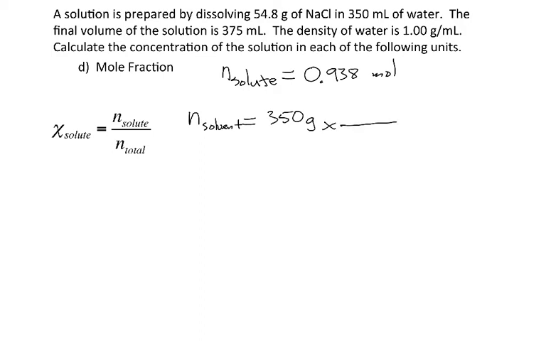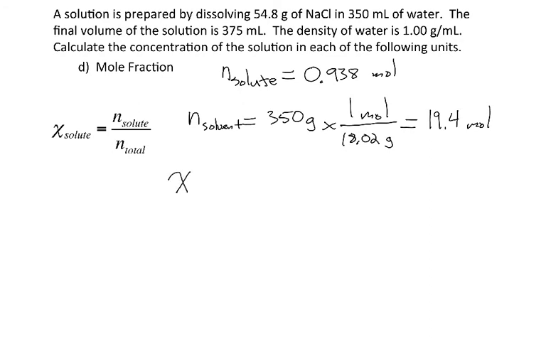The molar mass of water is 18.02 grams per 1 mole. So my moles of solvent, when I divide that out, is 19.4 moles. So I have everything I need.